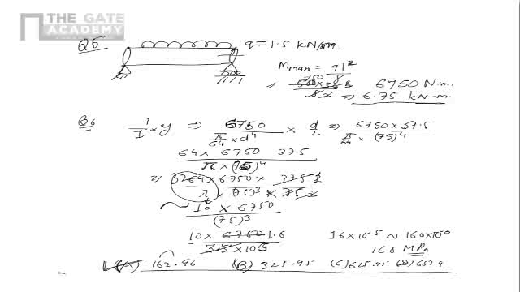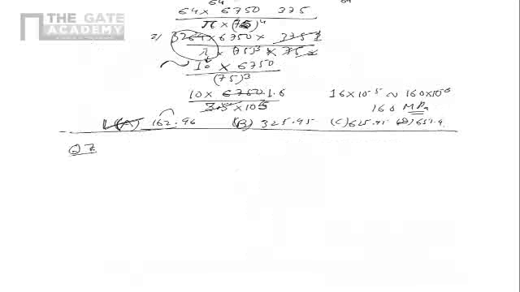Now let's solve question number 7. A cantilever beam has a cross section of 10 by 10 millimeter square. It carries a transverse load of 10 Newton.